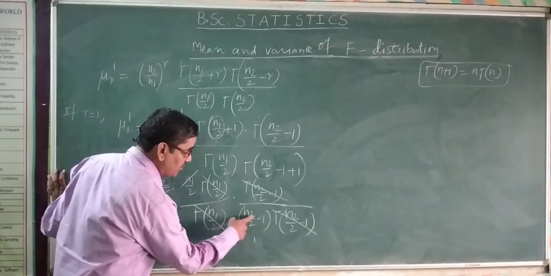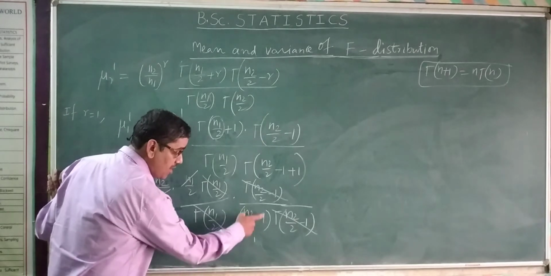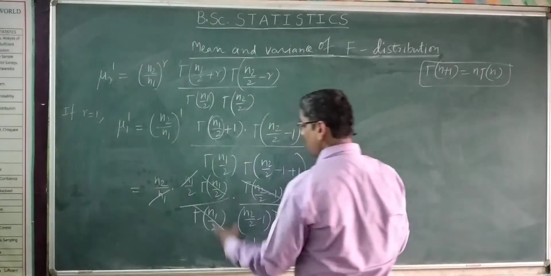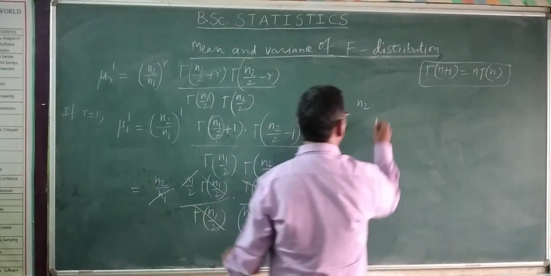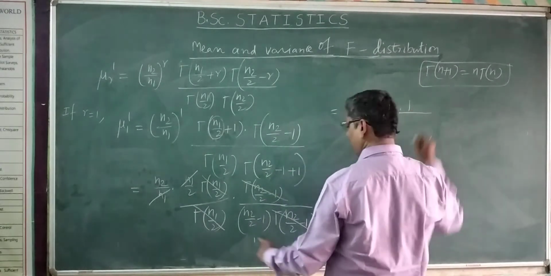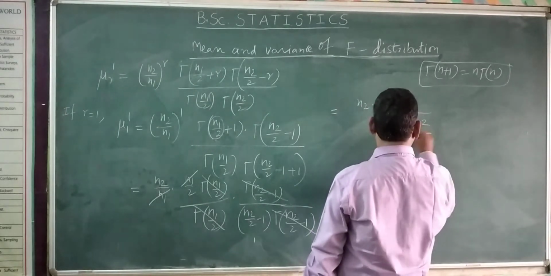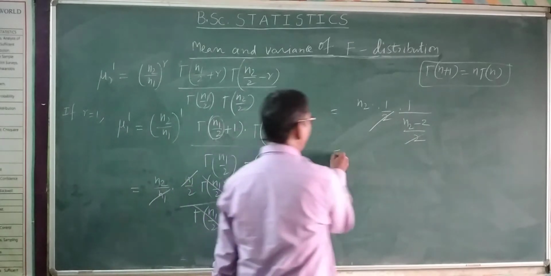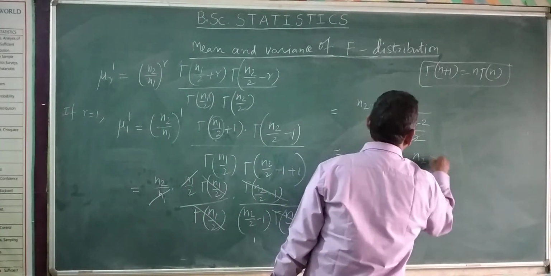If you take LCM, n2 by 2 minus 1 is n2 minus 2 divided by 2. So the remaining value is n2 multiplied by 1 by 2 multiplied by 1 divided by (n2 minus 2) divided by 2. So 2 will get cancelled, and the final value is n2 divided by n2 minus 2, for which n2 must be greater than 2.